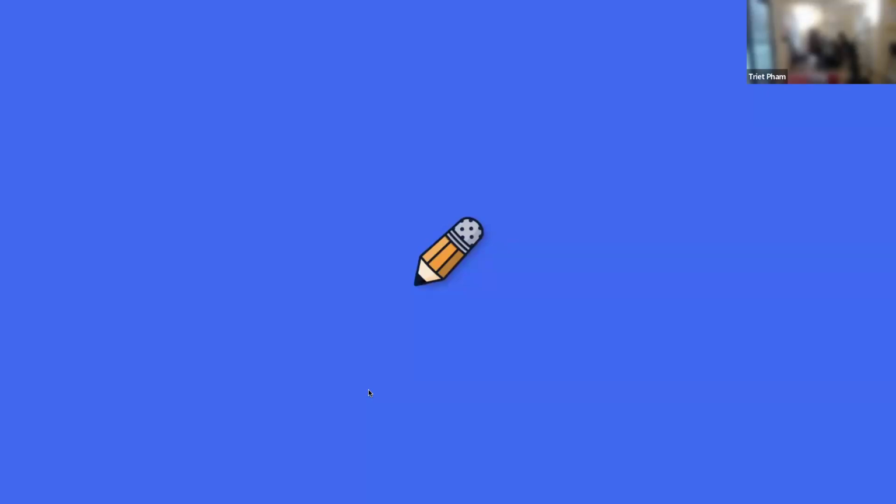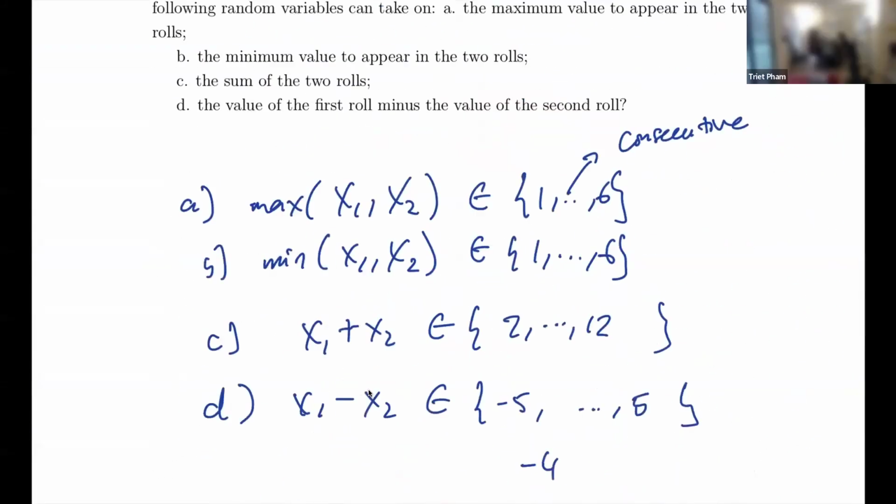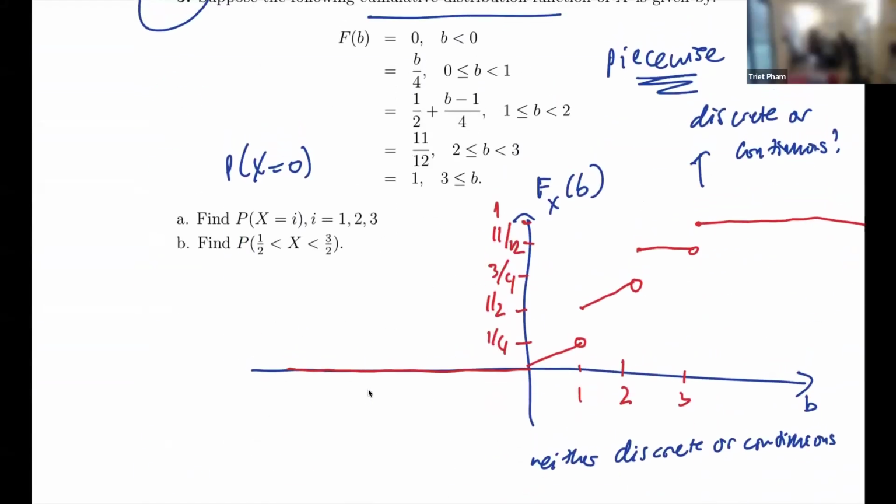Probability X equal to 0 is F of 0 minus F of 0 minus, which is what here? What is the value?